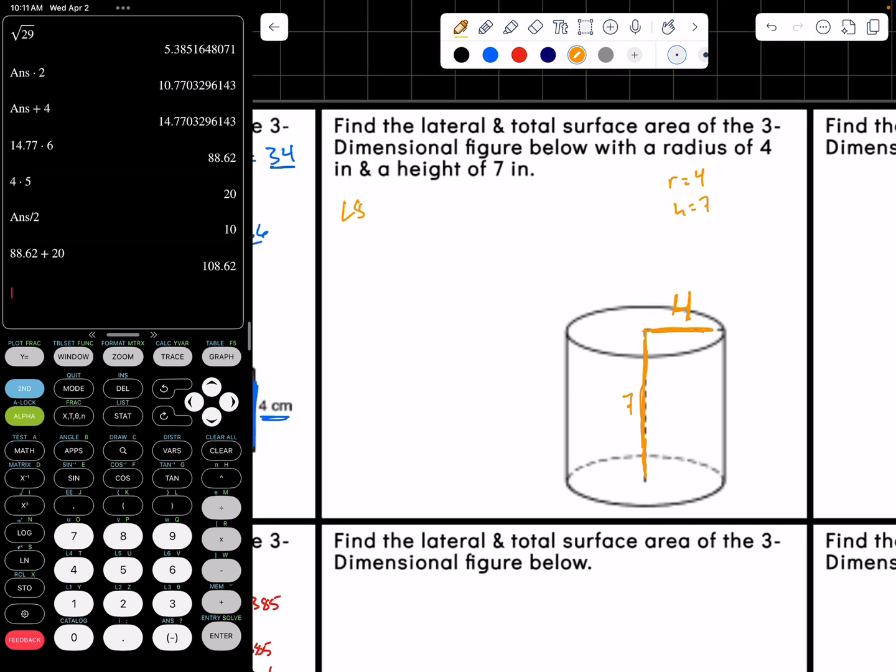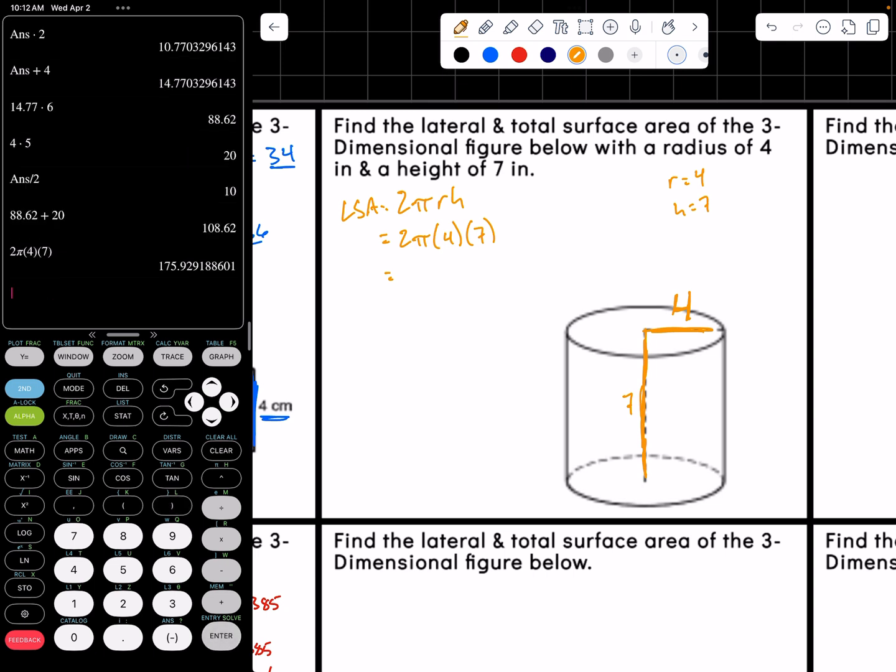Lateral surface area equals 2 pi RH. 2 pi, my radius is 4, my height is 7. 2 pi times 4 times 7. It's going to be 175.929 inches squared.